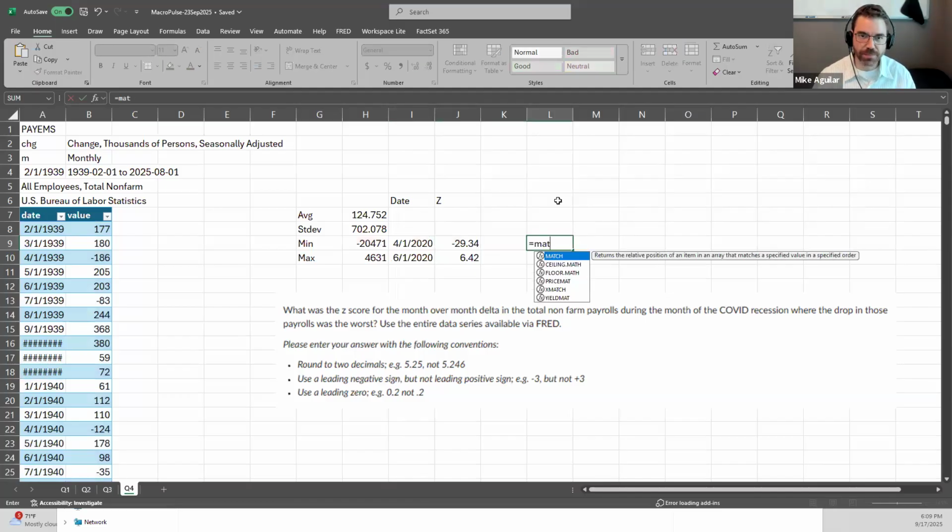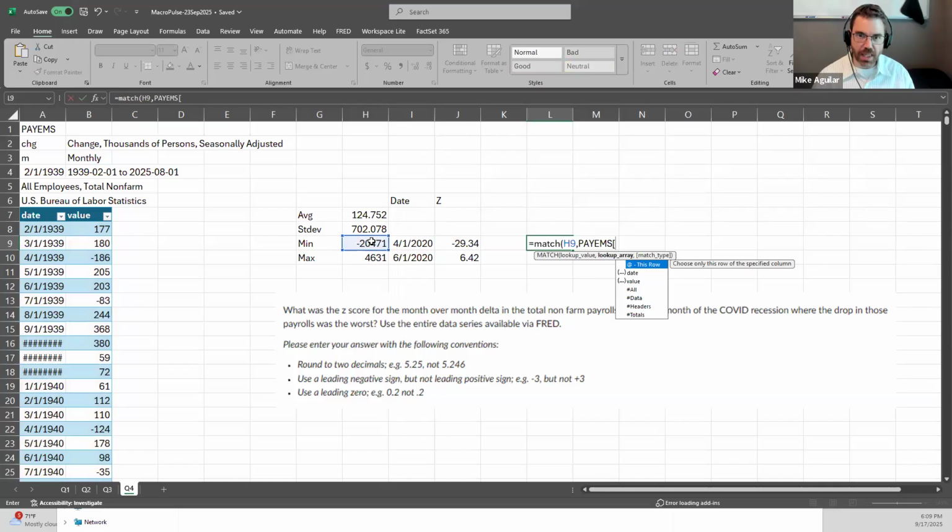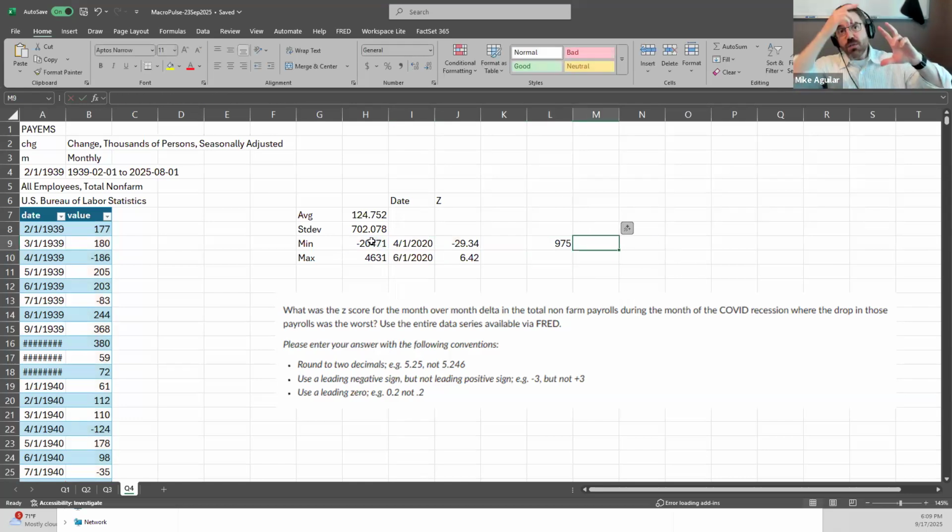So let's MATCH that number. I'm going to look for that number in this table, in that column, and I want it to be exact, 0. So not in the rows of the Excel spreadsheet, in the table, I want to call row 975. All right, so now what date is associated with row 975 from that table?